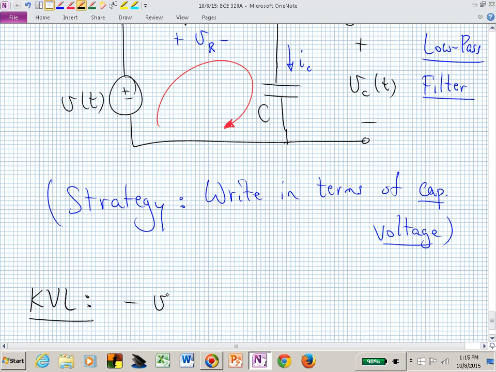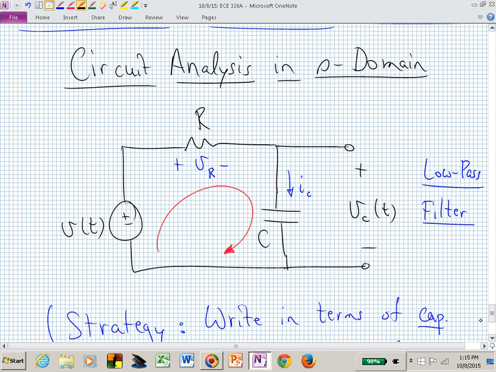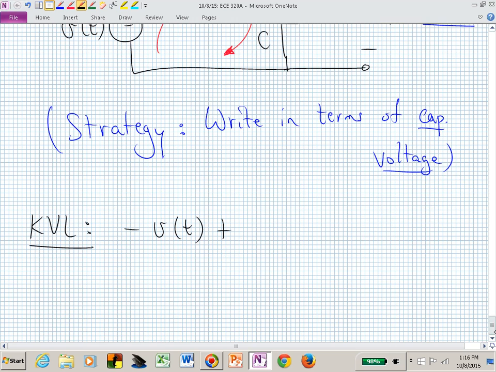If we start in the lower left, we have minus v of t plus, okay, we want to know what's the voltage drop across that resistor from left to right. And let's just write it in terms of I sub c to get us started. So that now we say, oh, that's now R times I sub c of t. As we've defined our current, that current in the mesh current is equivalent to I sub c, plus V sub c of t is equal to 0.